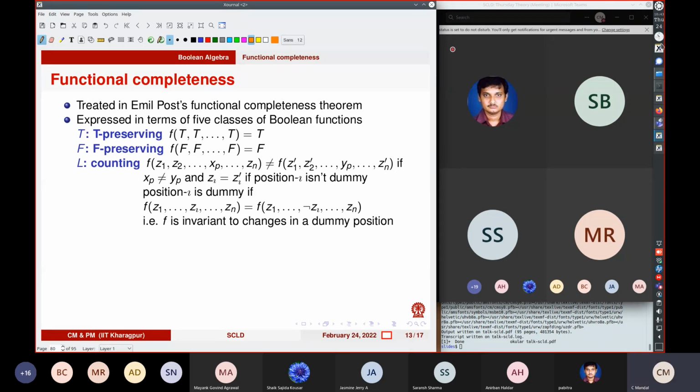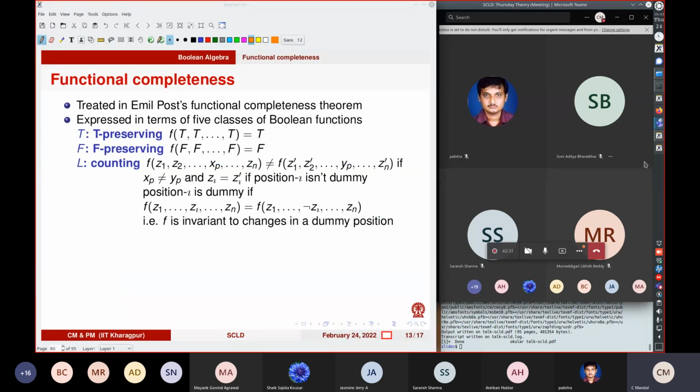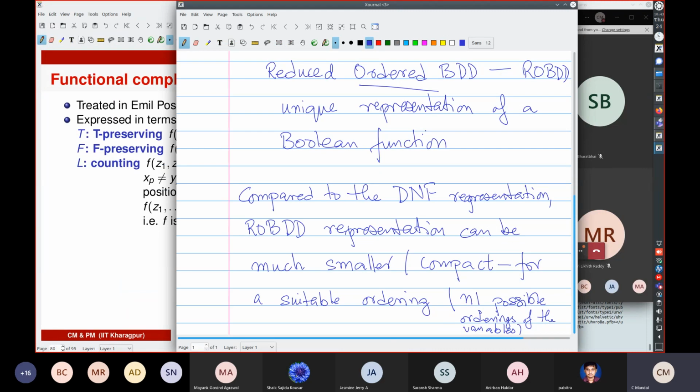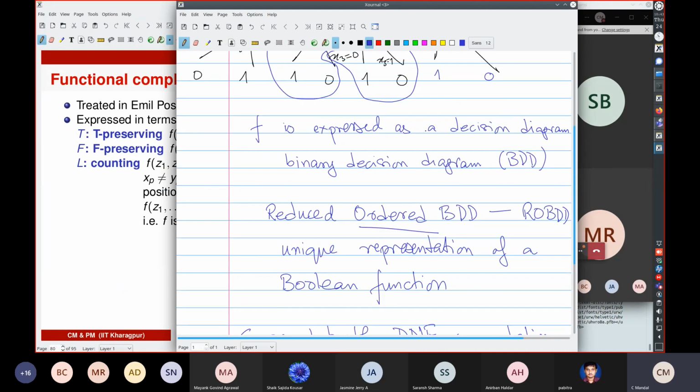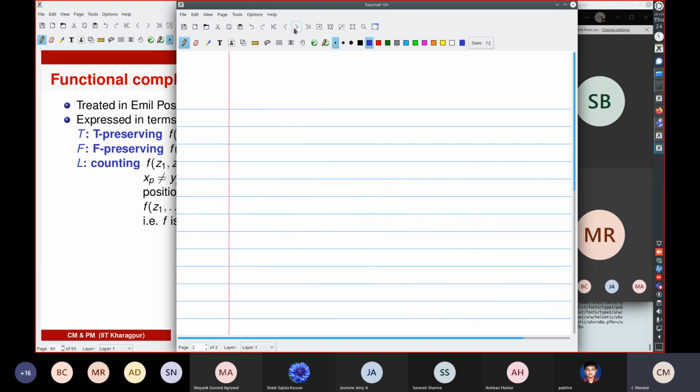So in fact, when you consider this Shannon decomposition, oh sorry, not here. So sometime back you expressed f is equal to x1 f1 plus.